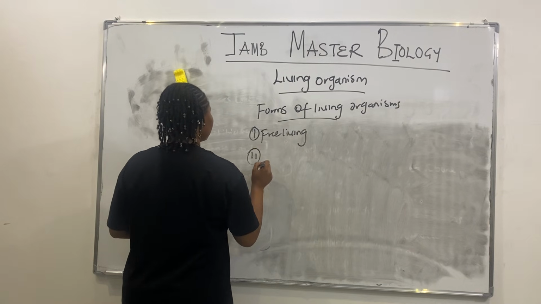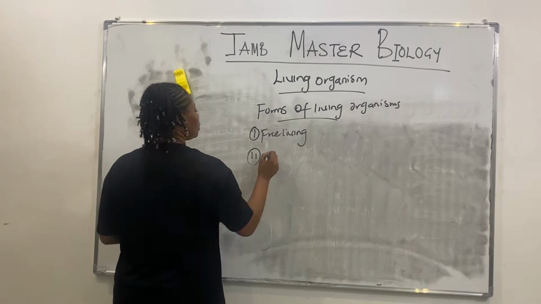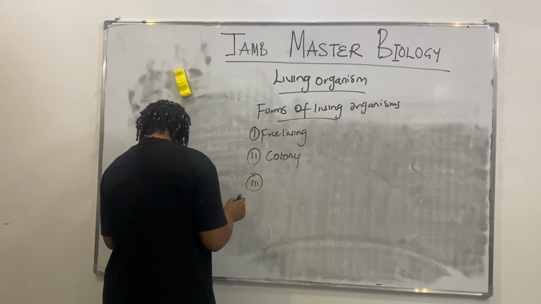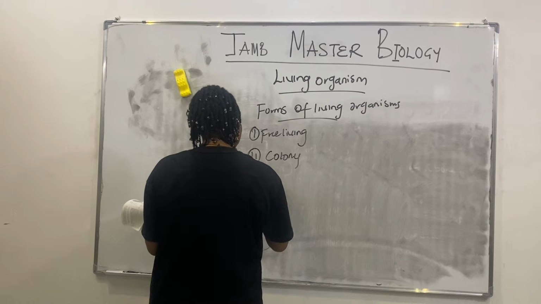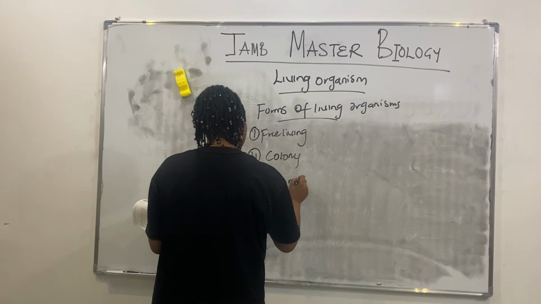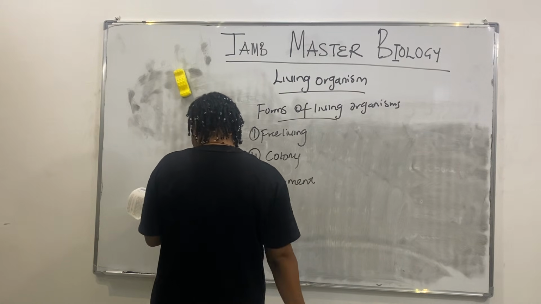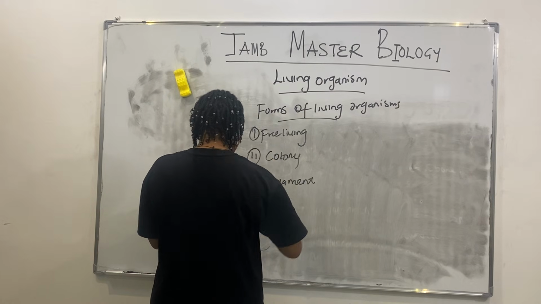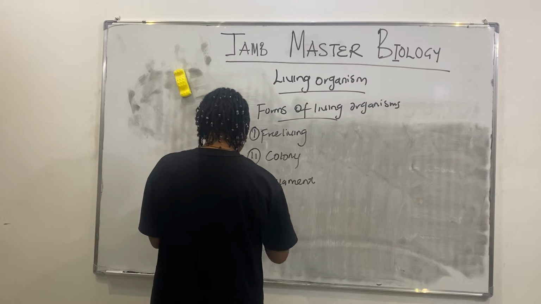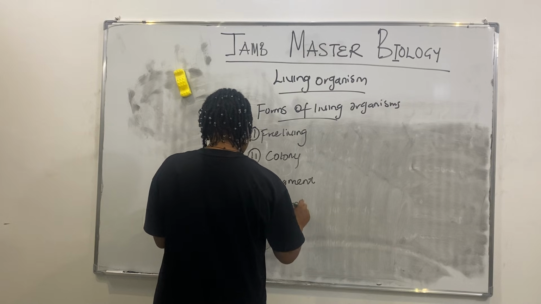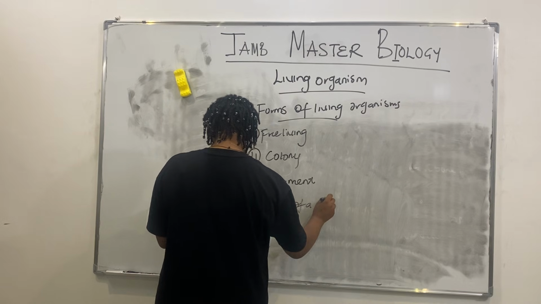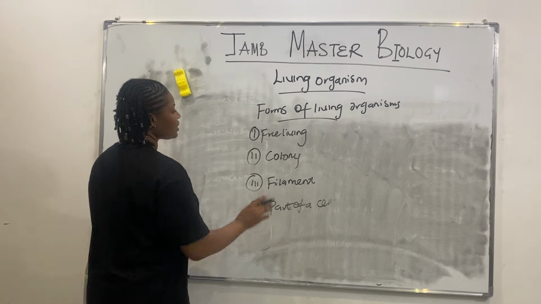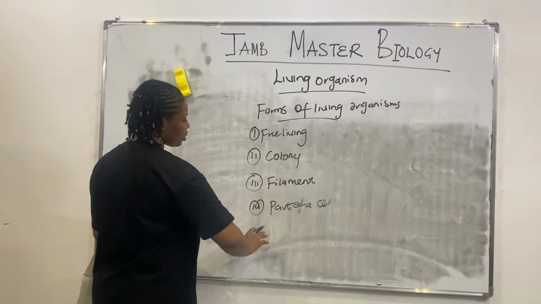Number two, we have as colony. Number three, we have as filament. So this is how organisms exist. Number four, part of a cell. So living organisms exist as free, colony, filament, or part of a cell.